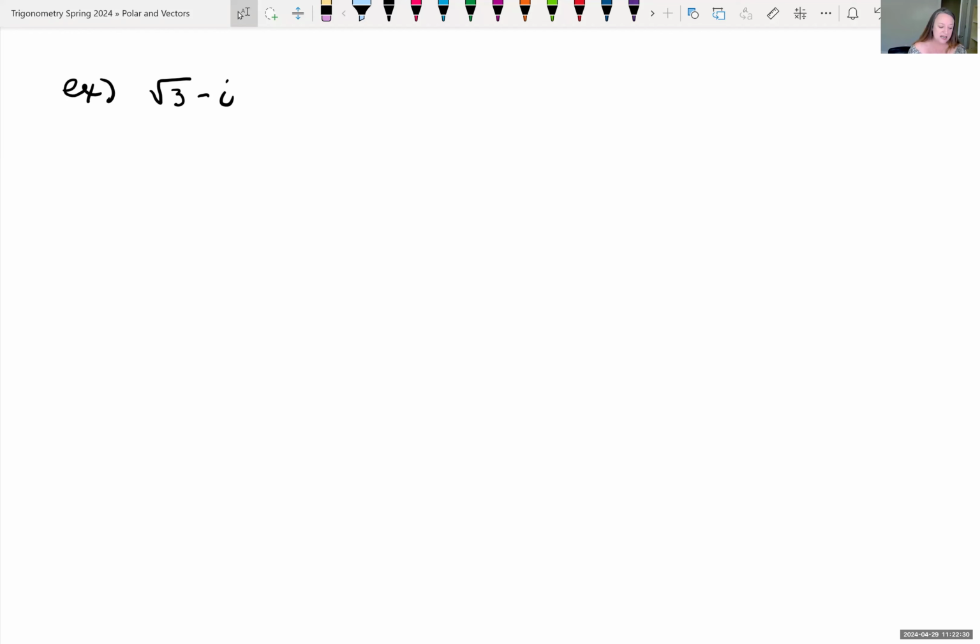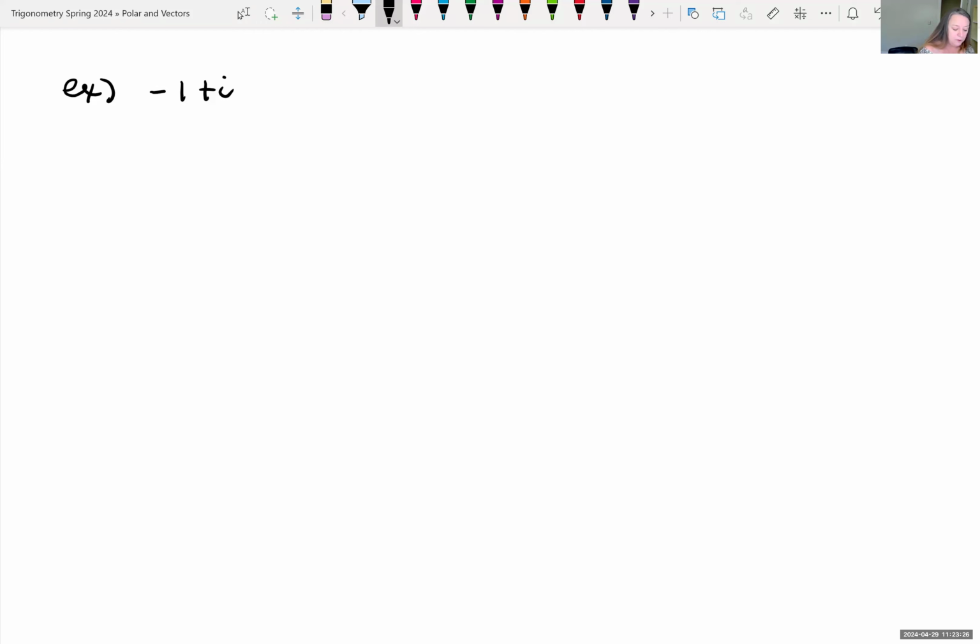So now we're looking at another example, root 3 minus i. And so again, we want to plot this. So our real value is root 3. Let's go back. Actually, looking at the example in front of us, we have negative 1 plus i, and we want to plot this and write this in polar form for a complex number.